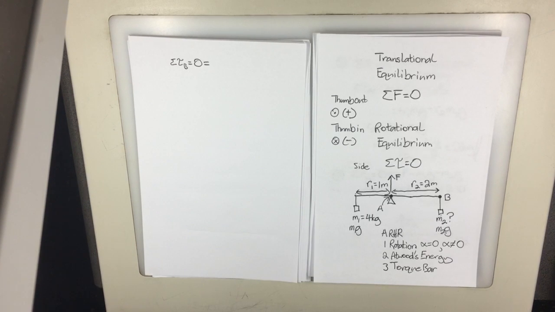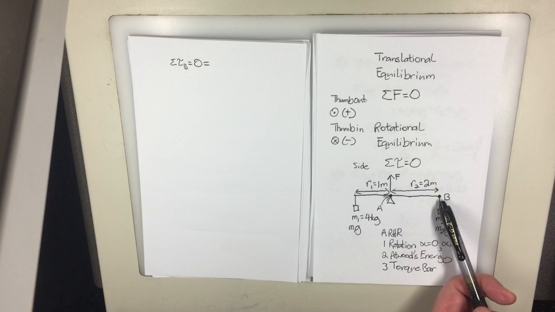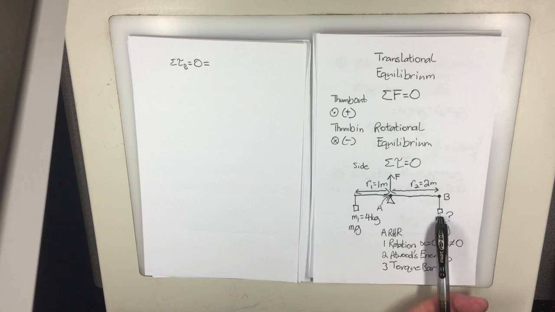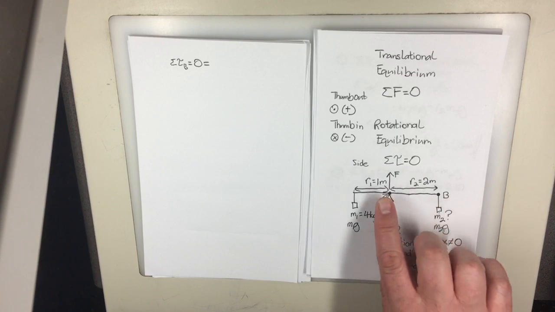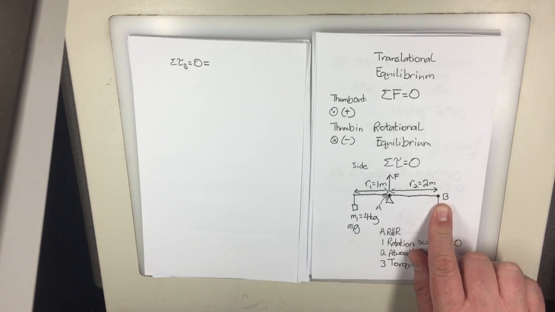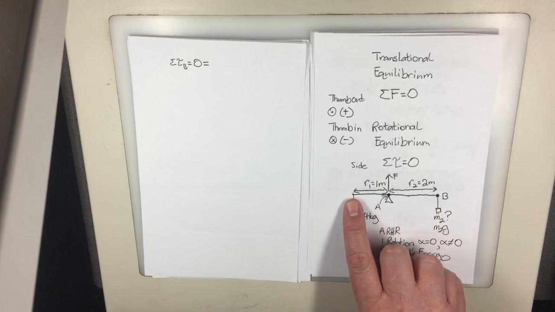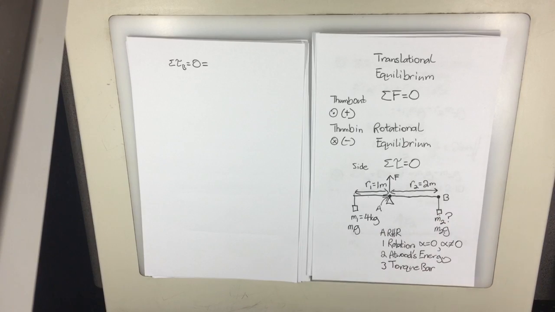Now there are 2 torques that could cause a rotation around that point. This one, its distance is 0, so I can ignore it. F is a distance R2 from that pivot point, and M1 is a distance R1 plus R2 to the pivot point.